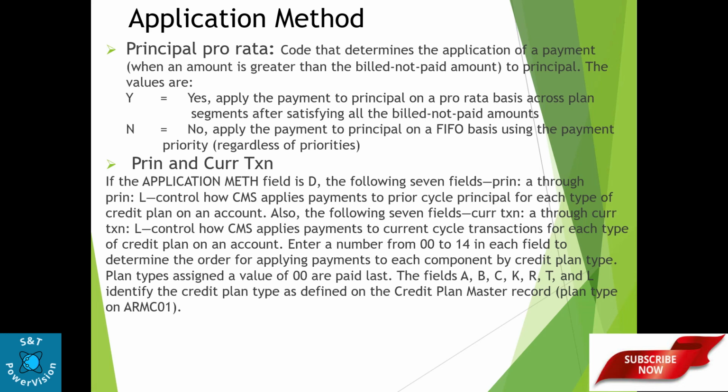Enter a number from 00 to 14 in each field to determine the order for applying payment to each component by credit plan type. Plan types assigned a value 00 are paid first, then fields A, B, C, K, R, T and L, which identify the credit plan type as defined on the credit plan master records.